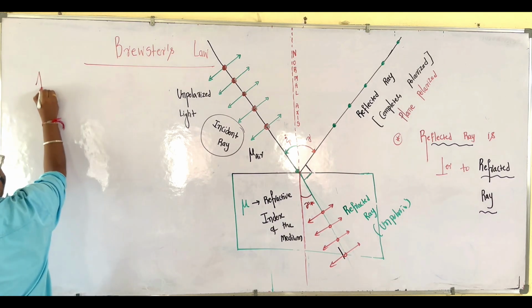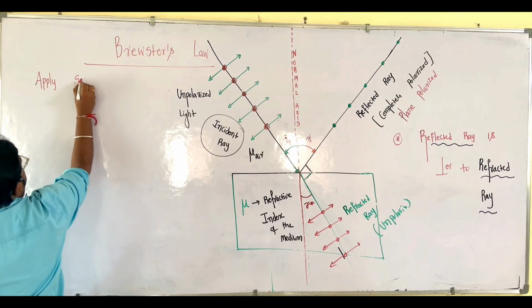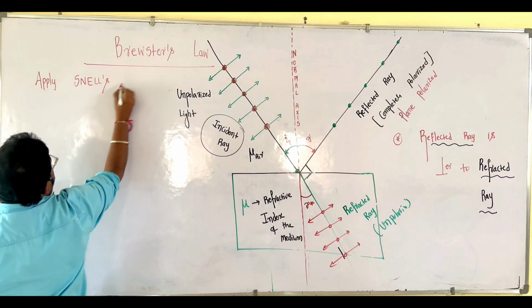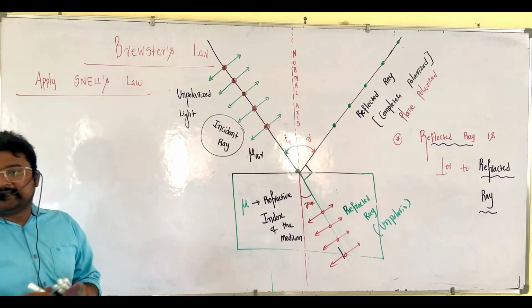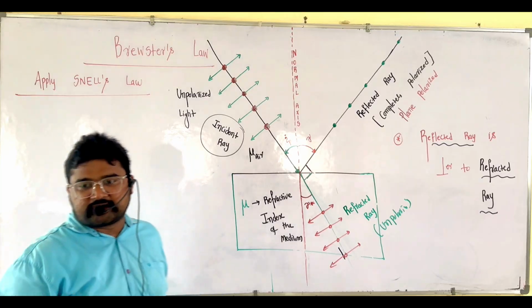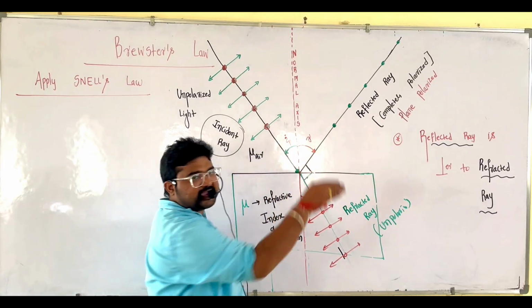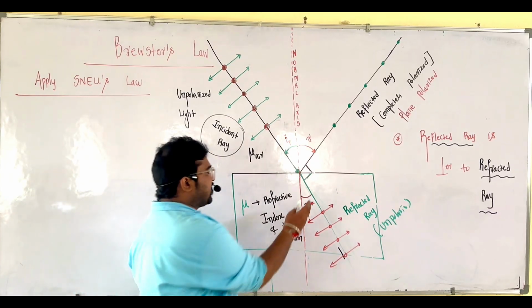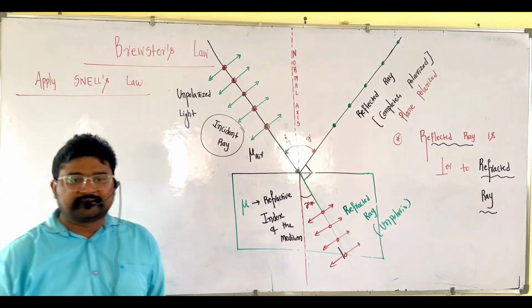Snell's law అంటే ఏం చెప్పండి? Apply Snell's law. స్నెల్స్ లా అంటే ఏం లేదు, ఇది చూడండి, ఇక్కడ ఉన్న రిఫ్రాక్టివ్ ఇండెక్స్ సైన్ ఆఫ్ ద కరెస్పాండింగ్ ఇన్సిడెన్స్, ఇక్కడ ఉన్న రిఫ్రాక్టివ్ ఇండెక్స్ సైన్ ఆఫ్ ద కరెస్పాండింగ్ రిఫ్రాక్టింగ్ యాంగిల్. అర్థమైందా?